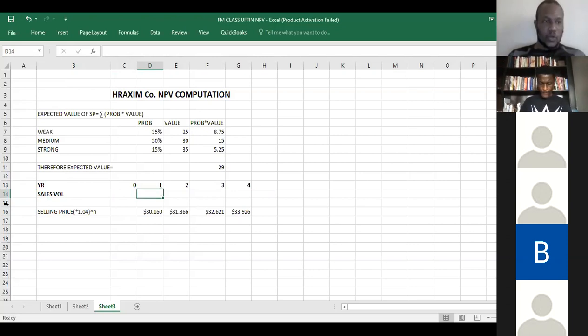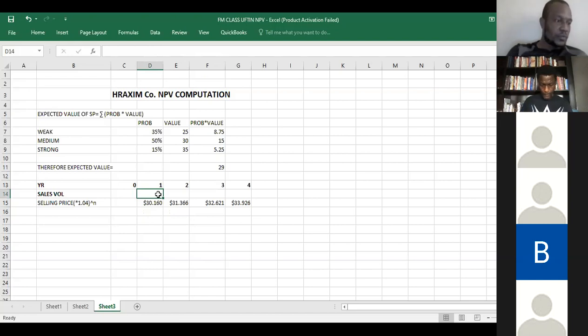So what's our sales volume? 150. We'll do our sales volume as usual in thousands. So 150.